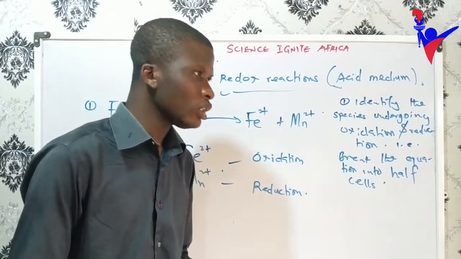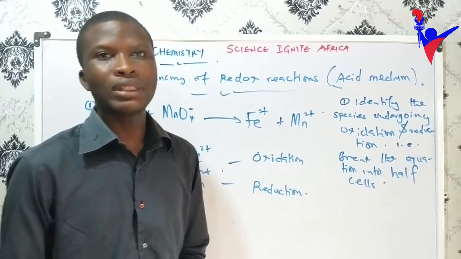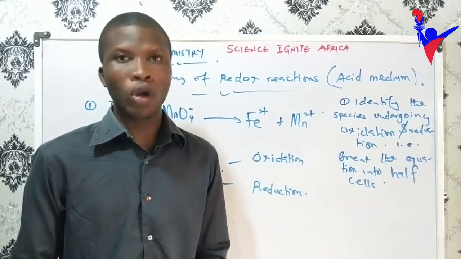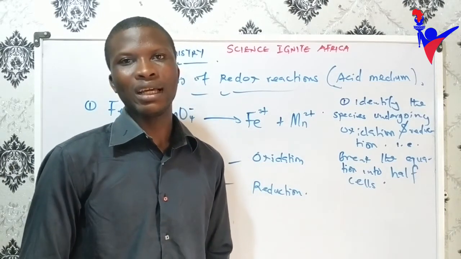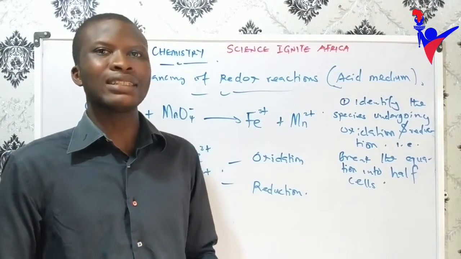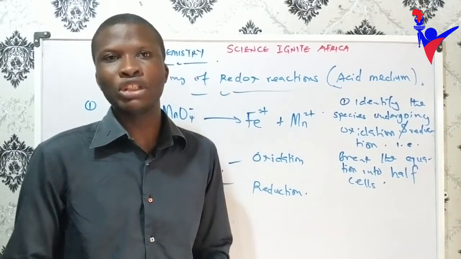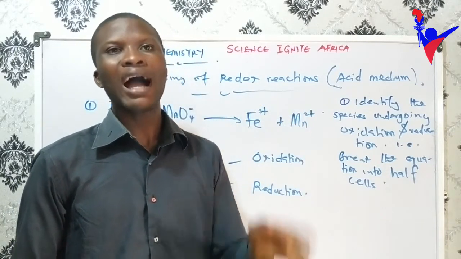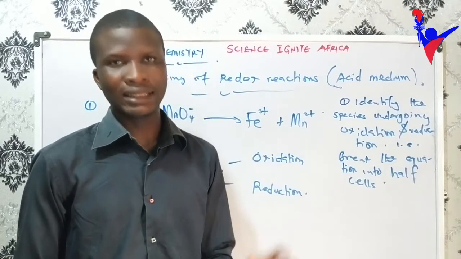If you are going to balance an oxygen atom, you balance it with 1 mole of water on the deficient side. And whenever you are going to balance a hydrogen atom, you balance 1 hydrogen atom with 1 hydrogen ion, also on the deficient side, so far as the reaction is taking place in an acidic medium.